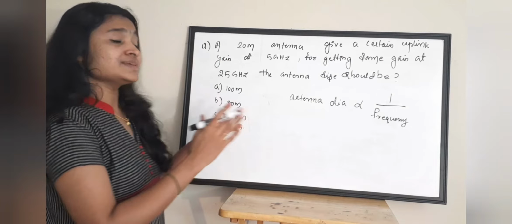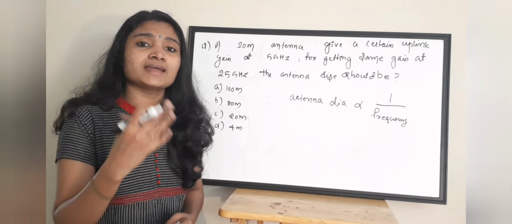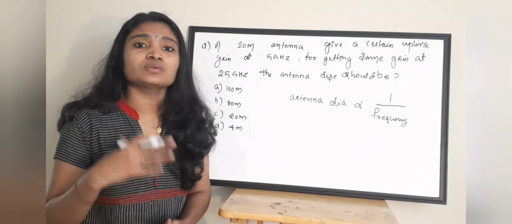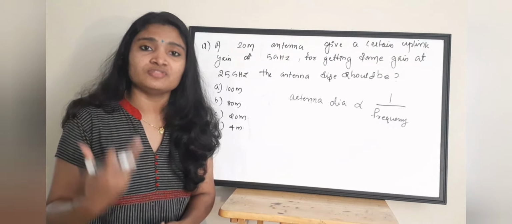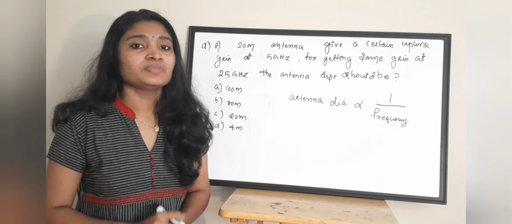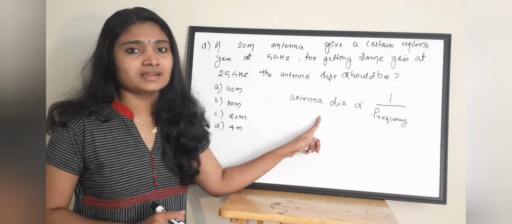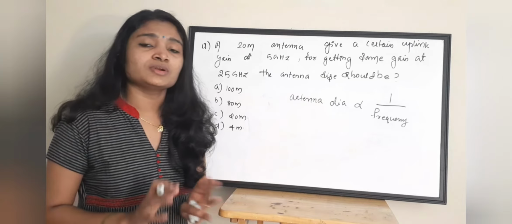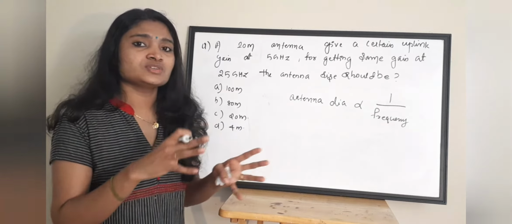This is actually the key principle behind the modulation techniques. In order to reduce the antenna diameter, we modulate a high frequency carrier wave to transmit the message signal. If we increase the frequency, we can reduce the size of the antenna, right? This is something which led to the modulation techniques.